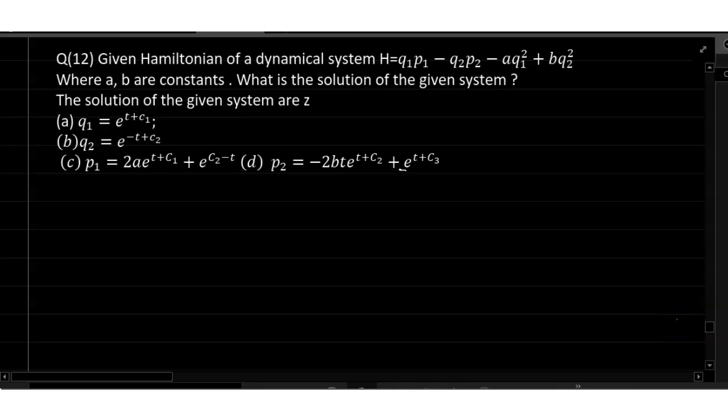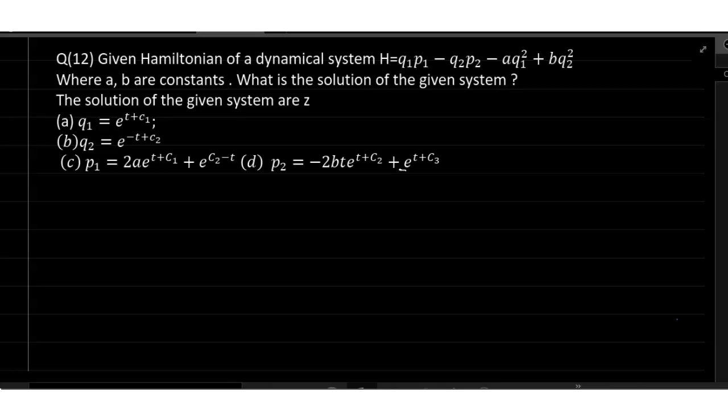Now we will try to solve the next problem, number 12.